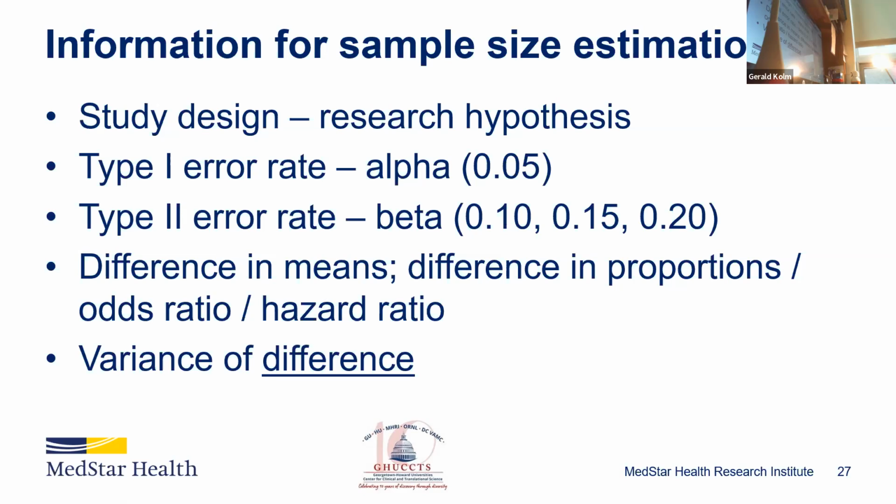What is the difference in proportions or means or odds ratios, hazard ratios? And so along with that, I would need, or your statistician would need, to know the variance of the difference. Now that might not be so easy to come up with, but if you are getting your information from published studies, we can probably figure this out.